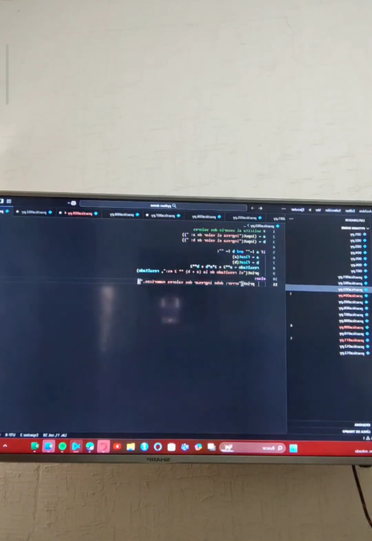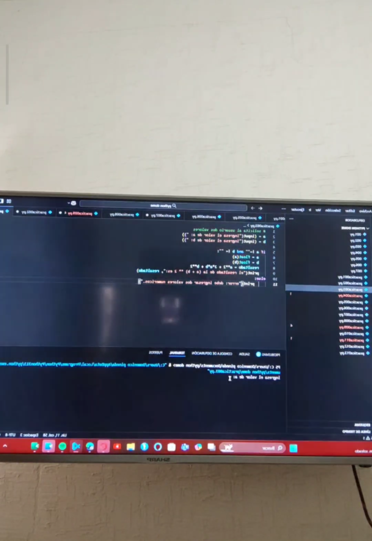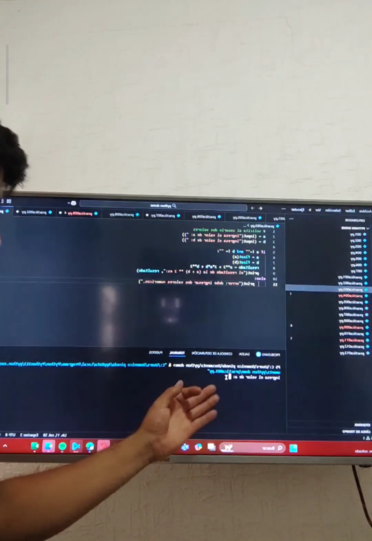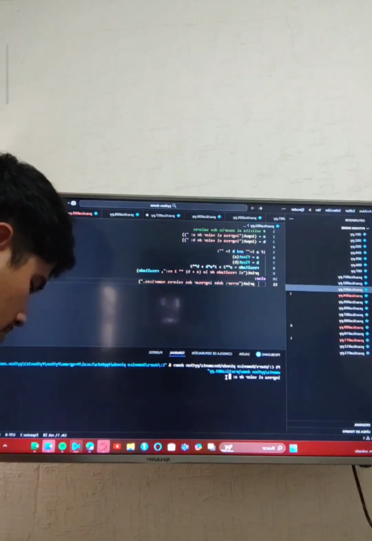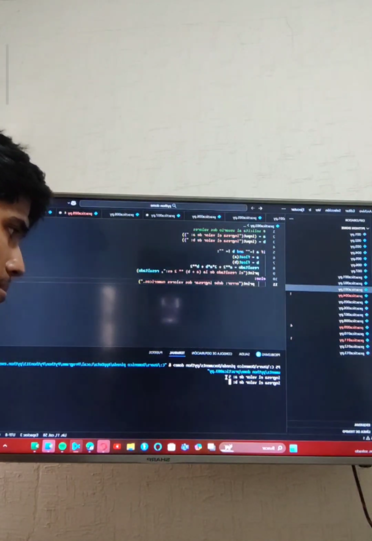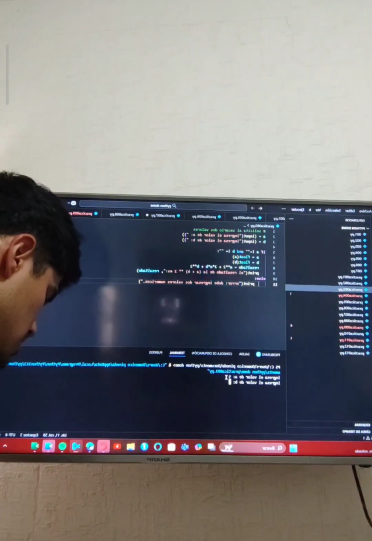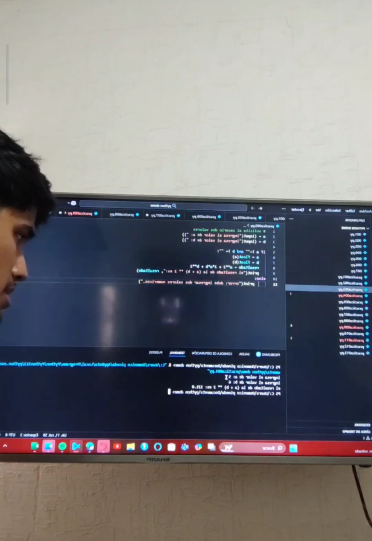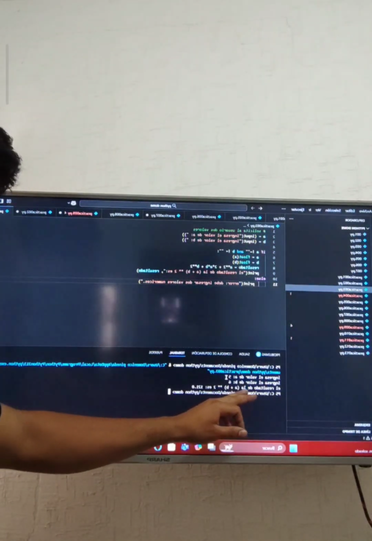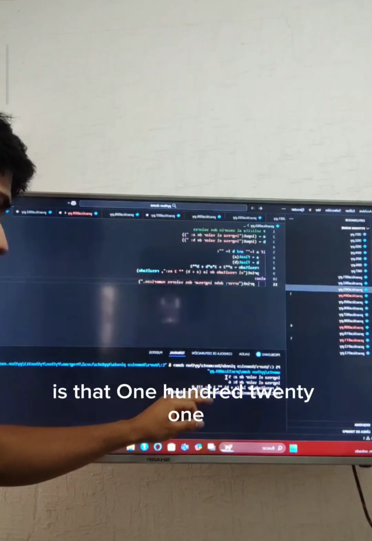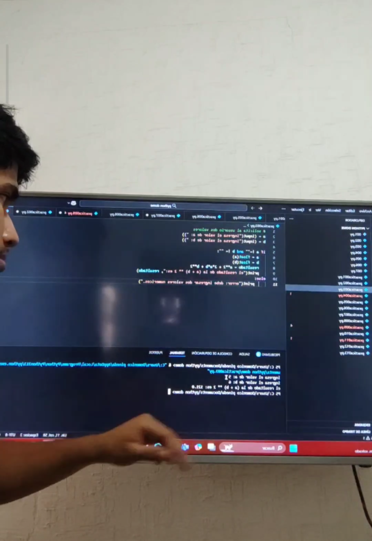This is an example: value A is 5, value B is 6, and the result is 121.